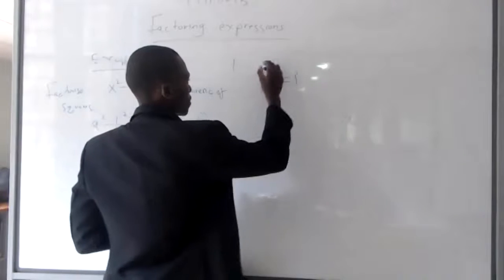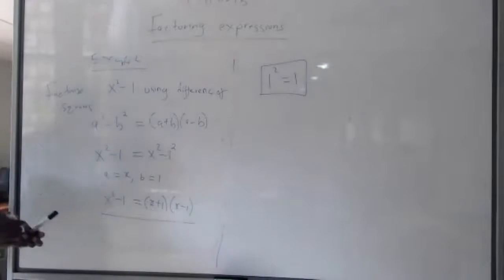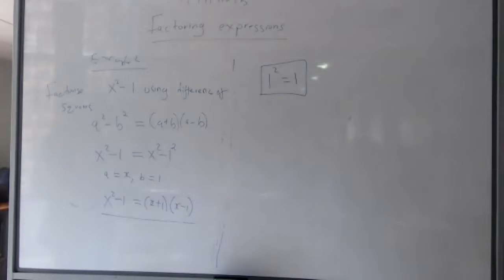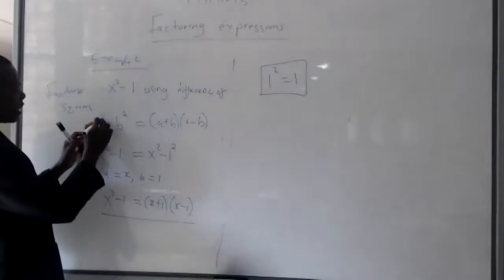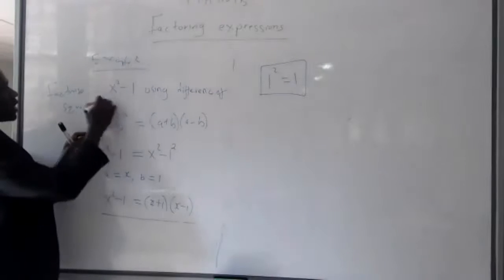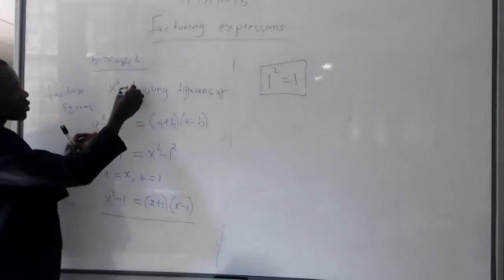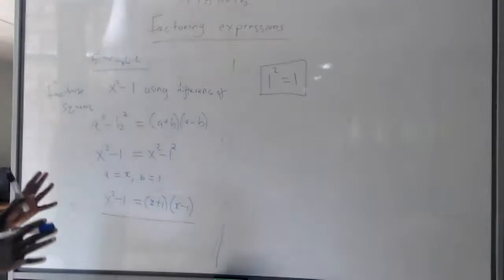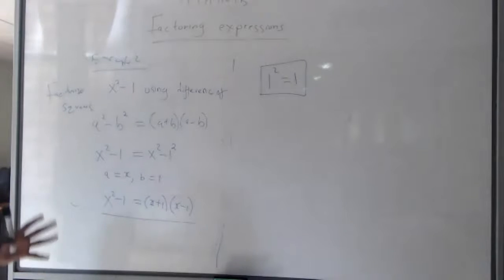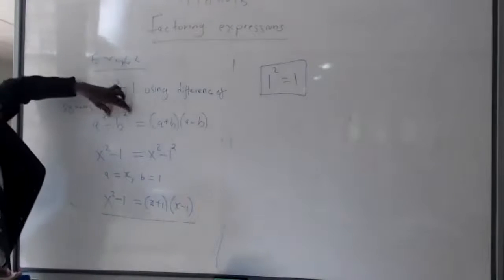Do you agree with this expression? Yes, I've just replaced this 1 with 1 squared. Why? Is it a must? Yes, because I want to write it as a difference of squares. I'm factoring a squared minus b squared. The first one is already a square, x squared. The second one is not a square, so that's why I'm writing 1 as 1 squared. This technique only works when your expression is a difference of two squares: something squared minus something else squared, in this case a squared minus b squared.